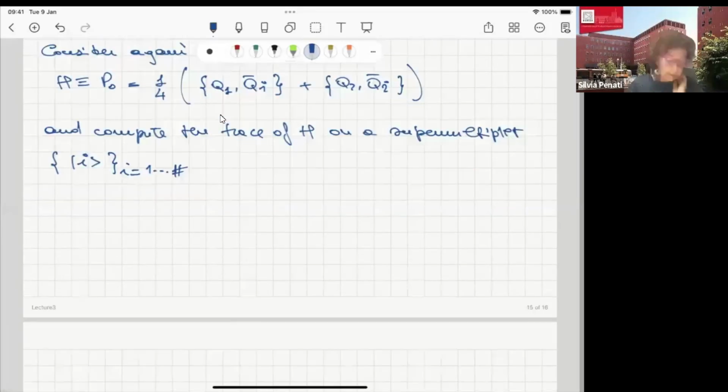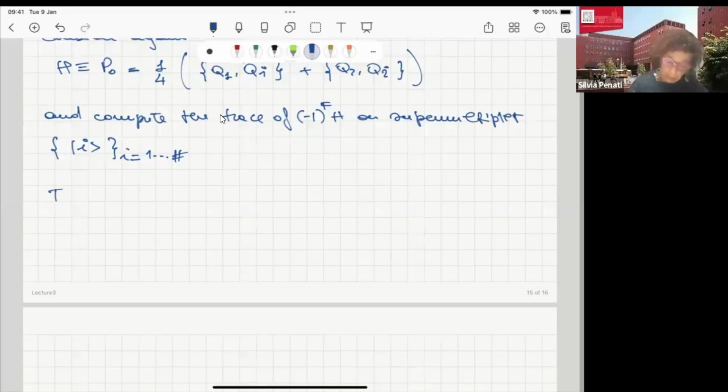Okay, I want to compute the trace, not actually of H, but of (-1)^F H. Okay, so if I compute the trace of (-1)^F H, we can compute it in two different ways. Well, in one direction, I'm going to use the definition of trace on a set of states.